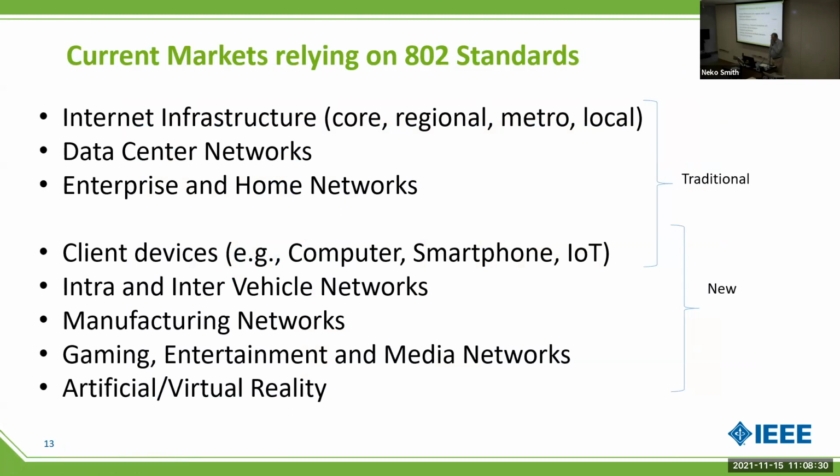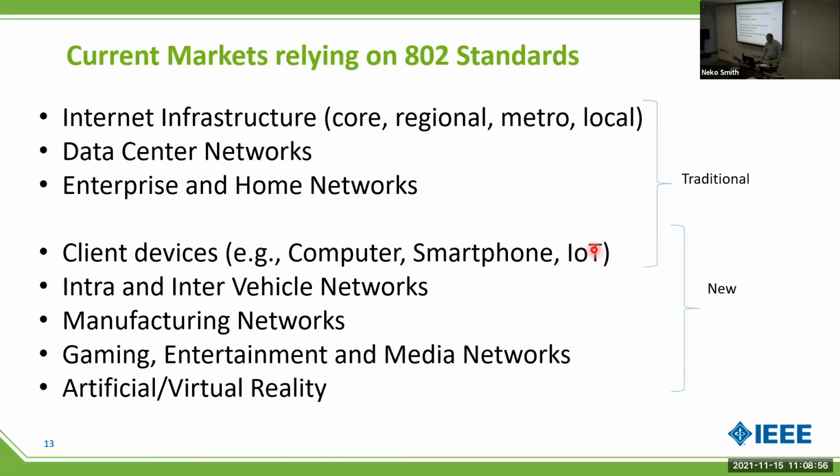So the markets that rely on 802 standards, the traditional markets, have been internet infrastructure for regional, metro, and local networks, data center networks, enterprise and home networks. And then the new ones we mentioned earlier: a growing number of client devices, especially driven by IoT, intra- and inter-vehicular networks, manufacturing, gaming, AR, VR.